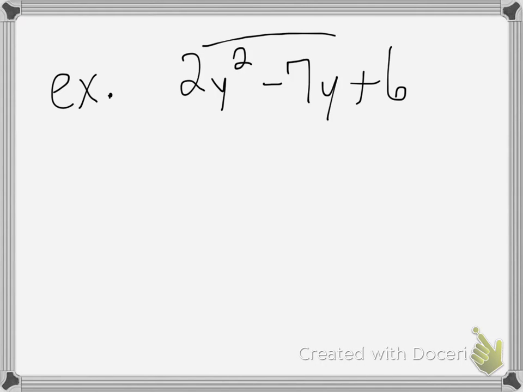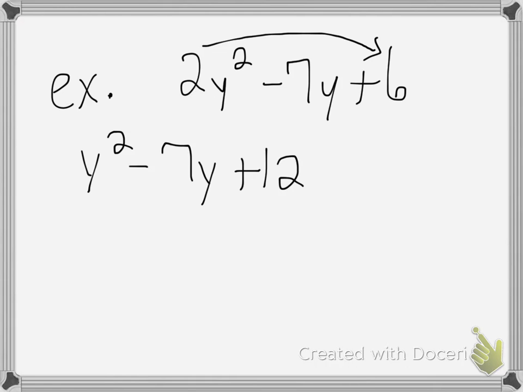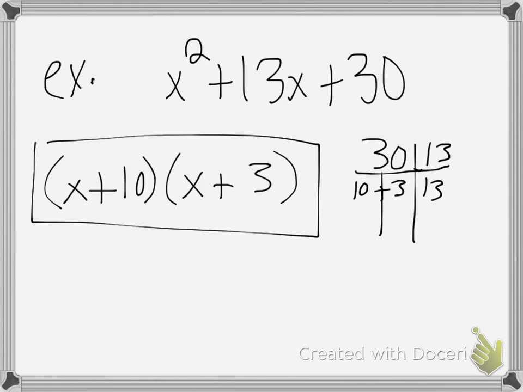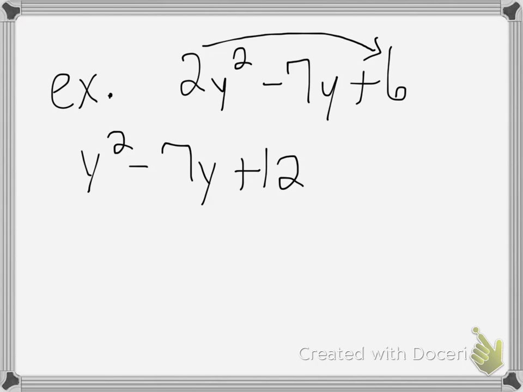Slide my 2 over, multiply it by my c value. So 6 in this case. y squared minus 7y. And what's 2 times 6? 12. Now I can just factor like I did over here, using my t-chart, right? What variable are we using? Y.